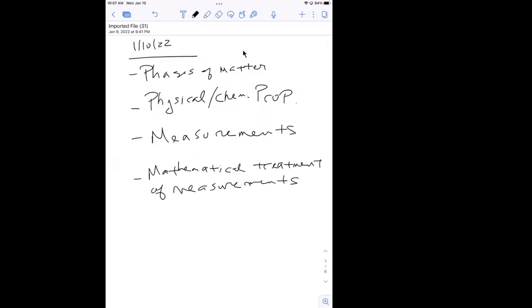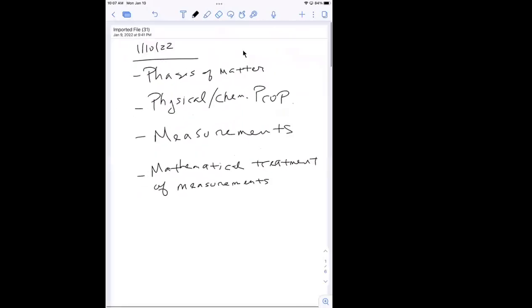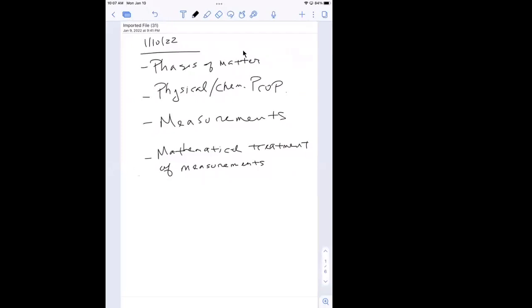All right, so mathematical treatment of measurements. All right, so those are the four major topics, and within each topic we'll have subtopics that we'll discuss.